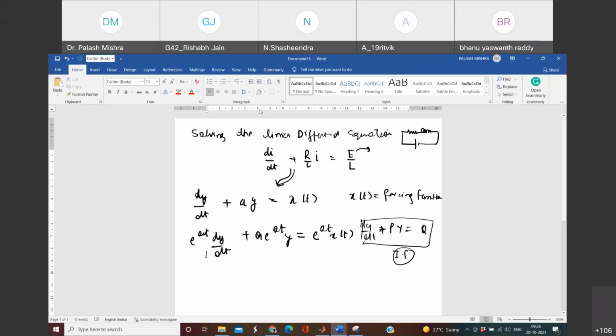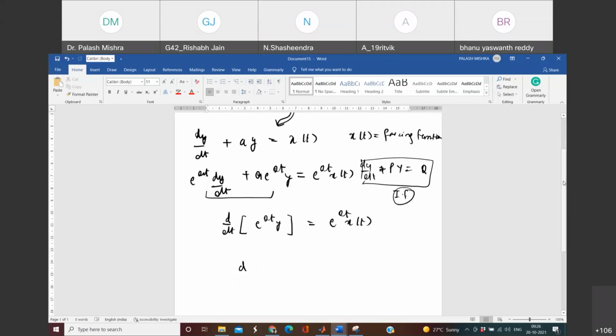Now these two terms you can combine and write as d/dt of e to the power of at times y, which equals e to the power of at times x(t). Okay. This dt you can bring to the opposite side and write it as d of e to the power of at times y equals e to the power of at times x(t) dt.